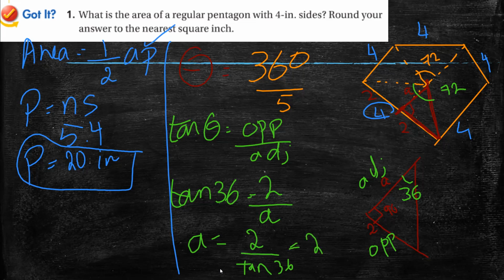So the apothem here is 2.75. This is the apothem. Then let's go back here.